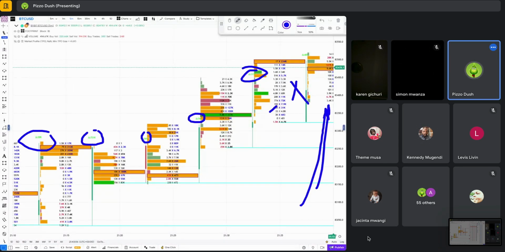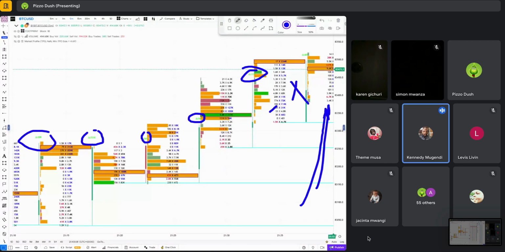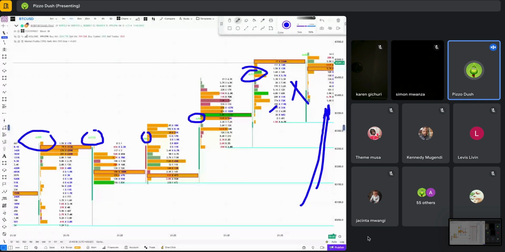Maybe ushalipia? Nope. Hazikuletea kama hujalipia. Sawa, okay. So that's why I told you guys kulipia nayo lazima. You can't see the footprint charts kama hujalipia. So make sure umelipia ndio uweze kuona hiyo data.